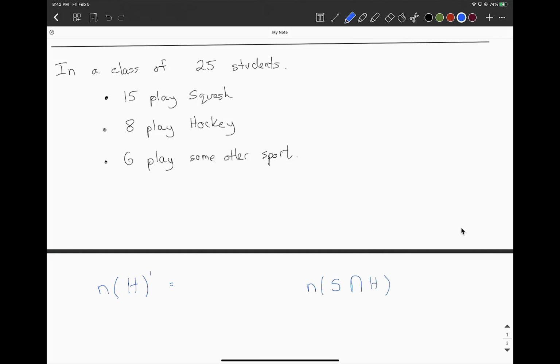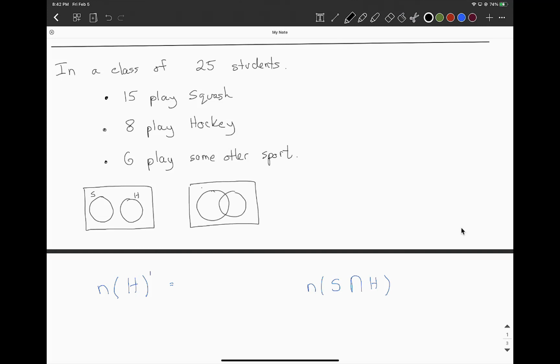Now, realistically, if we were to go explore all the options, perhaps this diagram would be drawn separately. Squash players and hockey players are totally different groups of people. Maybe it's this situation where some people play squash and hockey.